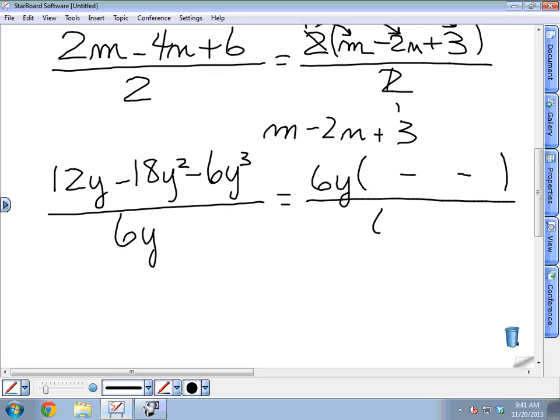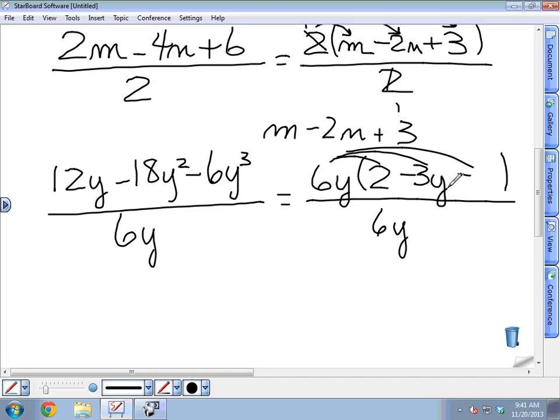And now I've got 6y down here. Whoa. Notice they match. Okay. What have I got left? Do I have to draw these umbrellas? I got 3 things. What am I going to put in the first one? 2. Yeah. What am I going to put in the next one? 3y. Good. What am I going to put in the next one?